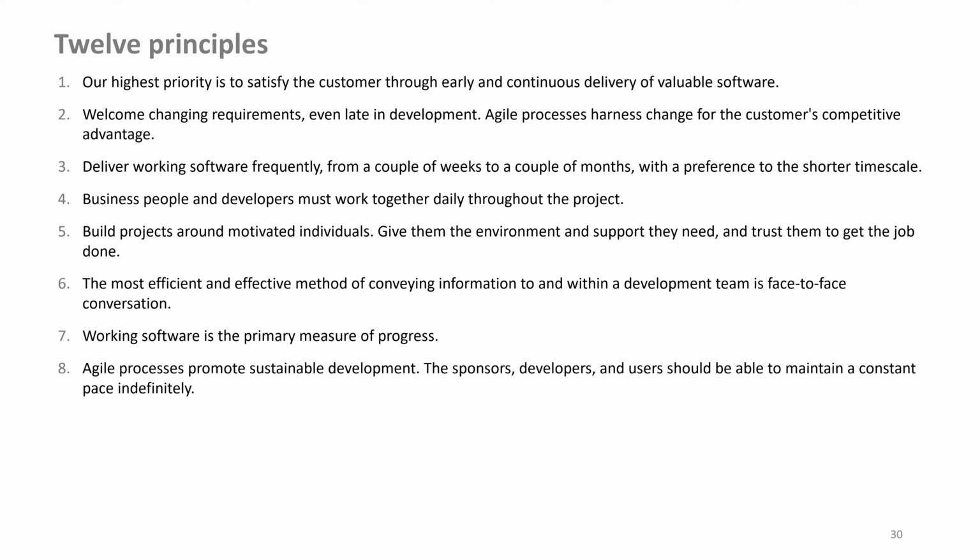The sponsors, developers, and users should be able to maintain a constant pace indefinitely. Teams establish a repeatable and maintainable speed at which they can deliver working software, and they repeat it with each release.